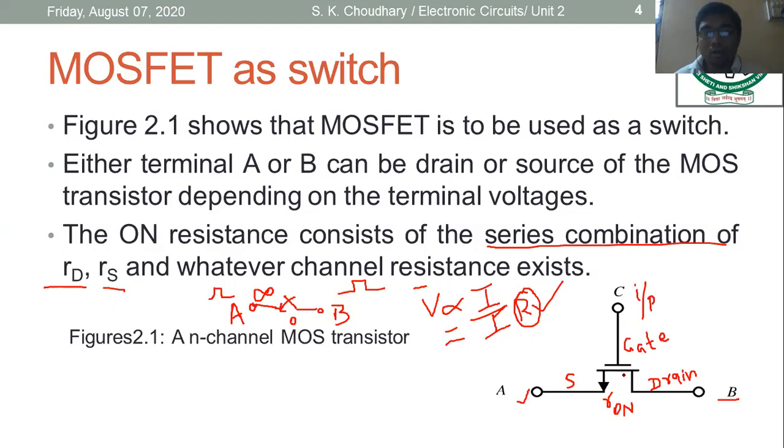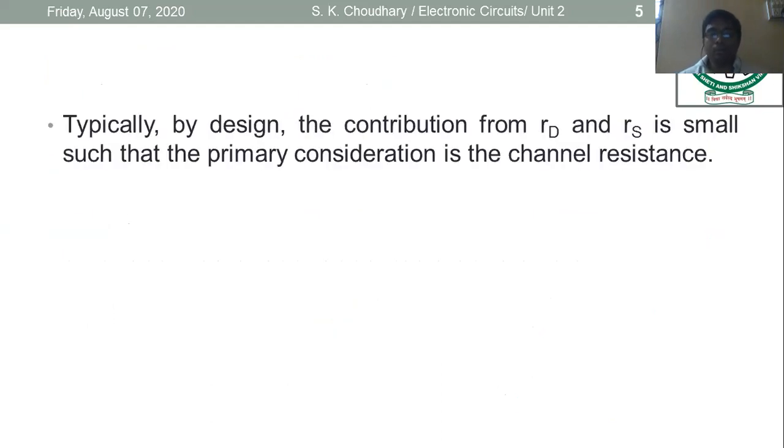Now we will see which of these three resistors is dominant. Typically, by design, the contribution from RD and RS is small, so the primary consideration is the channel resistance.